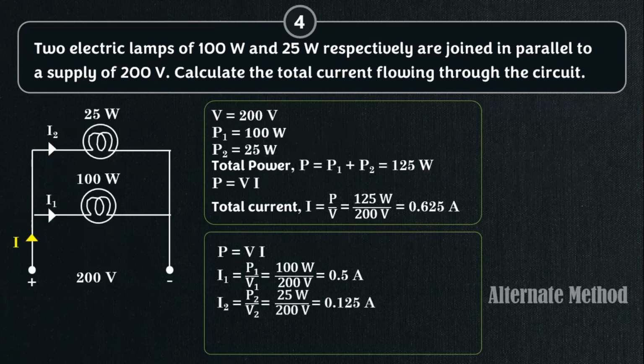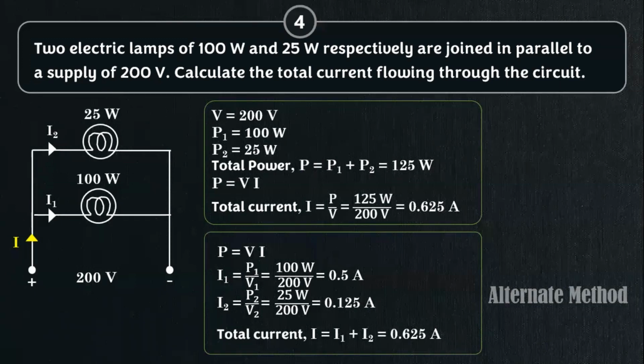I2 is equal to P2 divided by V2, that is 25 watts divided by 200 volt, which is equal to 0.125 ampere. And the current divides into two branches. Therefore, the total current I is equal to I1 plus I2, means 0.625 ampere. Using both methods, we will get the same answer.